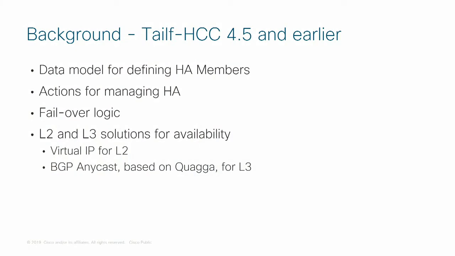Historically, TAIL-F HCC, up until version 4.5, has included a data model for defining the different members of the HA setup with IP address and an ID and things like that. There has been a number of actions for managing high availability, assigning roles or taking up and down the HA setup. There has been some failover logic included in this package, not in NSO itself.